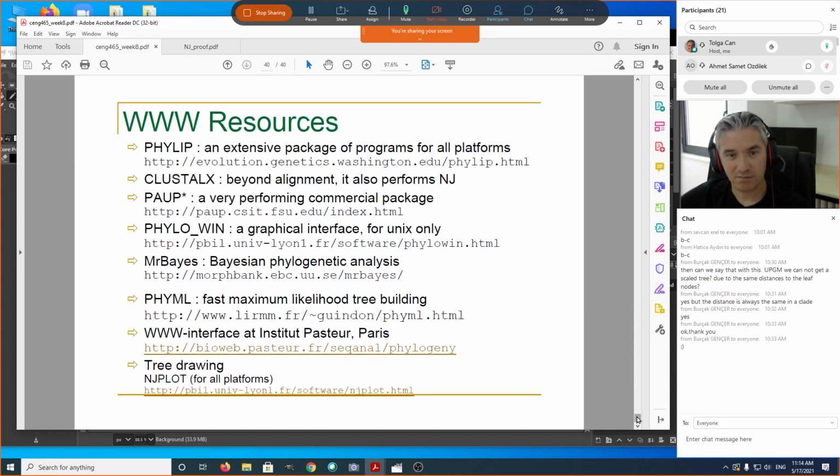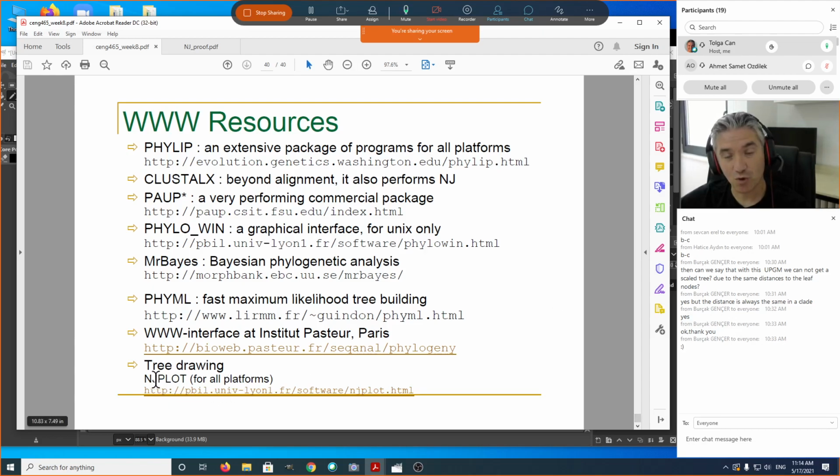There are some phylogenetic tree resources on the web. Some of these links may be outdated, but you may just search for PHYLIP, clustal, and PhyML, which are links that perform phylogenetic tree evolution.